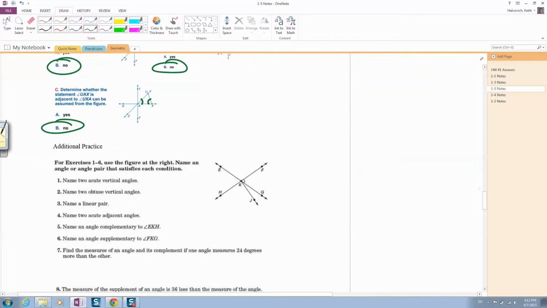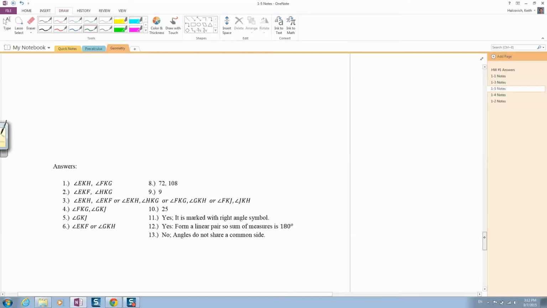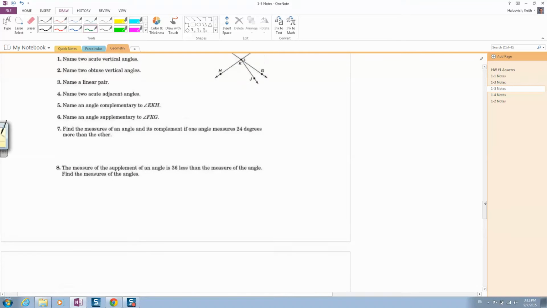All right, so a couple things I wanted to point out in the practice. Just looking at 7 and 8, find the measure of an angle and its complement. So if you let x equal the angle, and its complement measures 24 degrees more, so x plus 24 equals the complement.